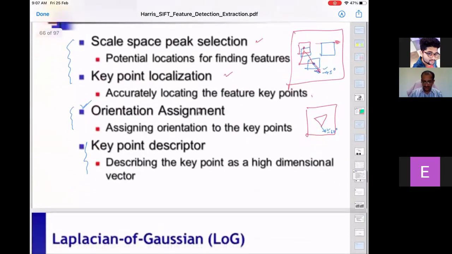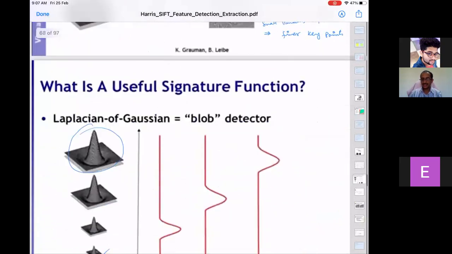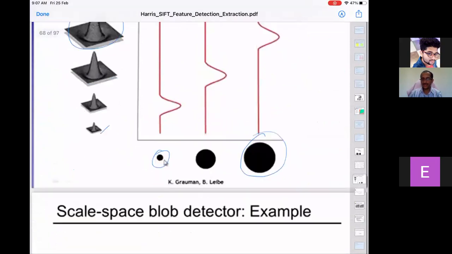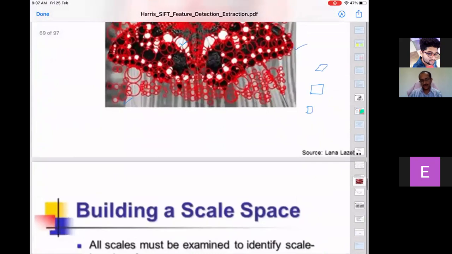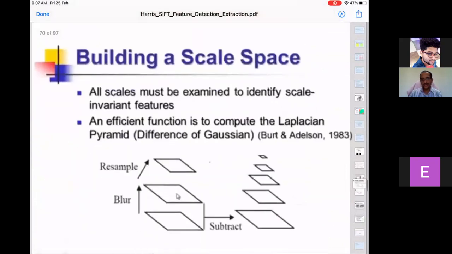Okay, so we have seen these steps, and we have also seen how to create the scale space. To extract features at different scales, we convolve with Laplacians of Gaussians with different sigma, or Gaussians with different variance, and then find the difference of Gaussians.